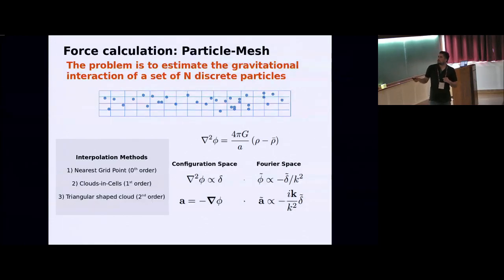And now once you know the amount of particles in each cell, you can estimate the density field, and then from the density field, you can solve the Poisson equation. You go to Fourier space, and the Laplacian becomes 1 over k squared. So you can estimate the Fourier transform of the potential, and then you know the acceleration is the gradient of the potential. That in Fourier space is a multiplication by k, and then you can combine this with the estimation of the potential to estimate accelerations based on essentially multiplications in Fourier space.